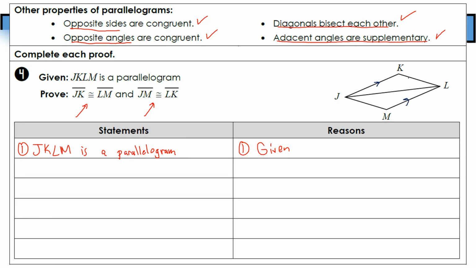So let's mark that on the diagram. Like this and like this. So we can now establish that JK is parallel to ML.